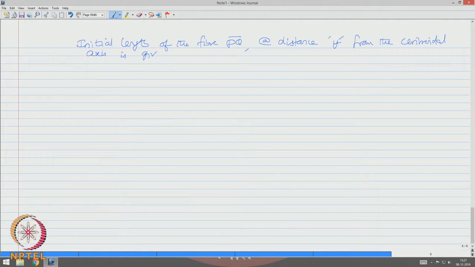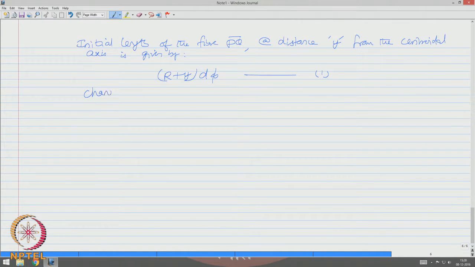So, the initial length of the fiber PQ, which is at a distance y from the centroidal axis, is given by (r plus y) d phi, equation 1.